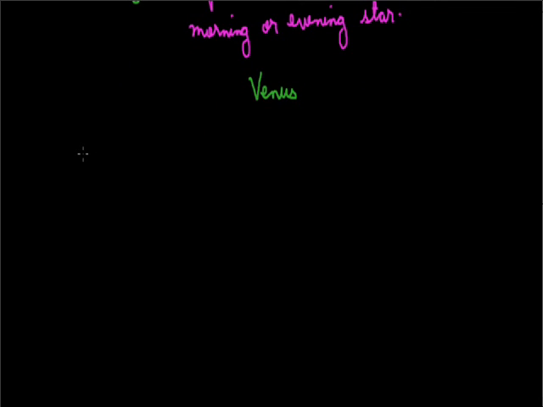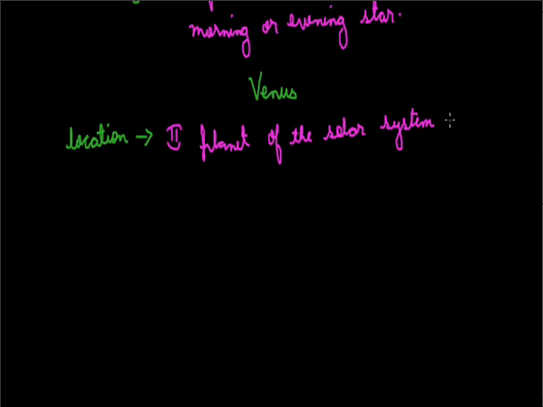It is the brightest object in our sky after the Sun. Its brightness is due to the cloudy atmosphere which reflects almost 3/4 of the sunlight which is falling on it.